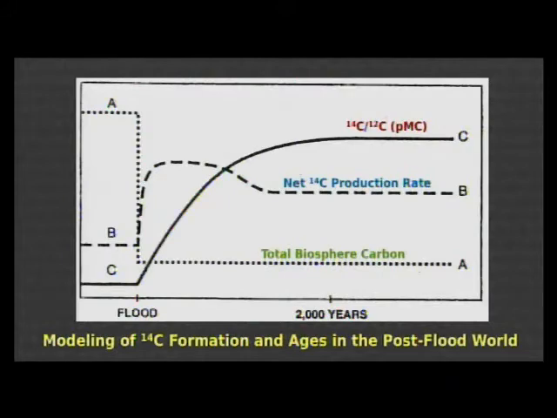And so here are some possible modelling curves that we could use to start thinking about understanding the history of radiocarbon based on the biblical view of Earth history and its time frame.